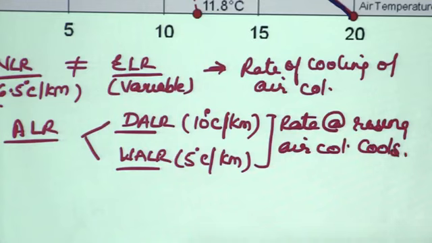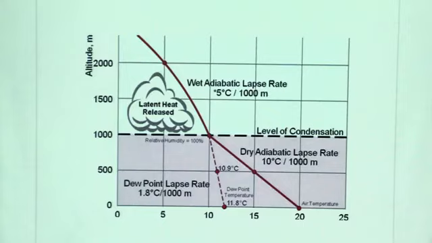Now, if I have to put it in a very simple expression, for any air column to continue to rise, this is my temperature decreasing with increasing height, I can use environmental lapse rate here. And this is the rate at which the air column is cooling as dry adiabatic lapse rate, and beyond dew point temperature, it is wet adiabatic lapse rate.